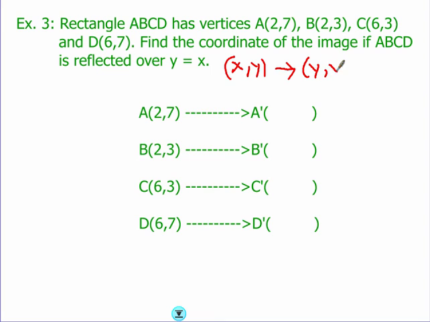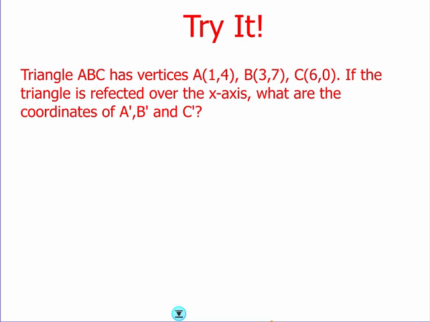So let's go ahead and do that. (2, 7) becomes (7, 2). (2, 3) becomes (3, 2). (6, 3) becomes (3, 6). And (6, 7) becomes (7, 6). All we have to do is just flip the coordinates on that one. So that's what reflections are.